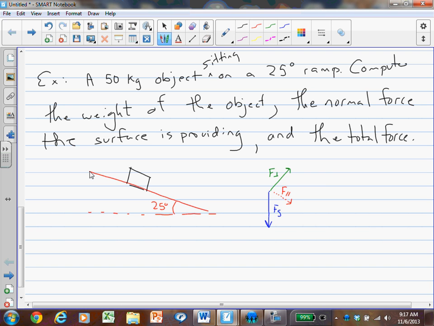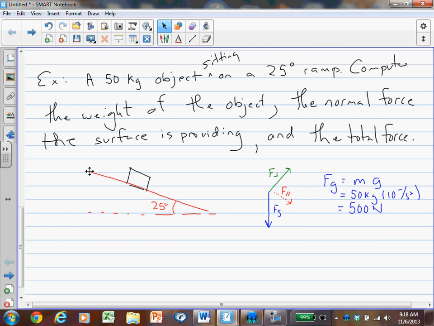To calculate Fg, it's just mg. So we would have 50 kilograms times 10 meters per second squared, or 500 newtons. Then to get F parallel, the component of Fg in the plane, we would do Fg sine theta.